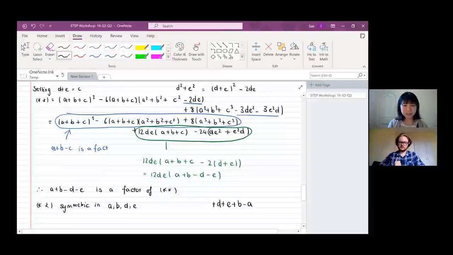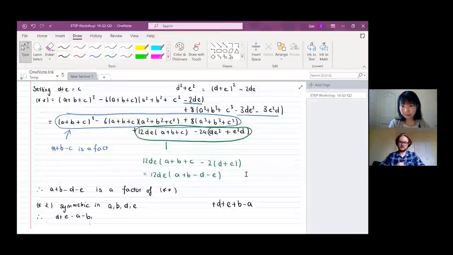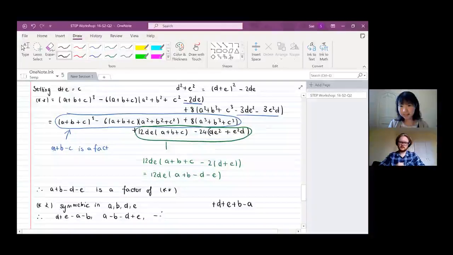Yeah, I'm going to write down the first suggestion. So we have a minus b minus d plus e. We have minus a plus b minus d plus e.